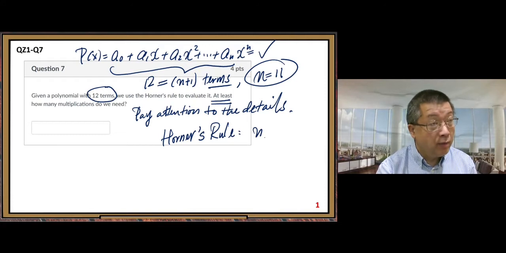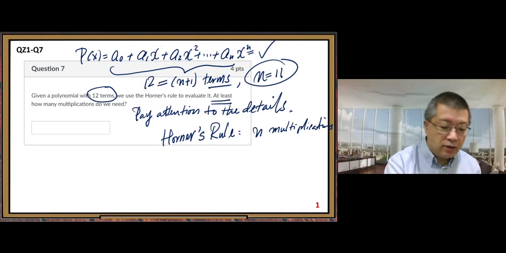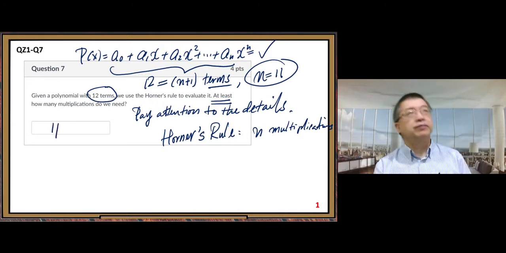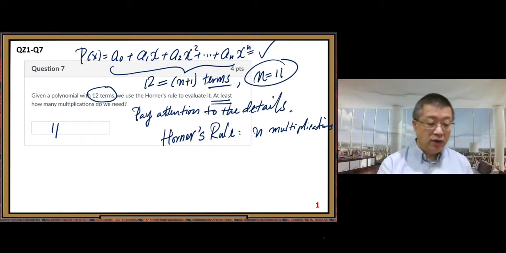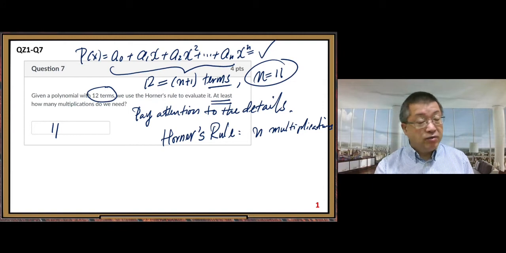The degree of the polynomial, n multiplications. So put 11 here. Not 12. If we put 12, it's wrong. So 11, not 12. All right, so that's one part.